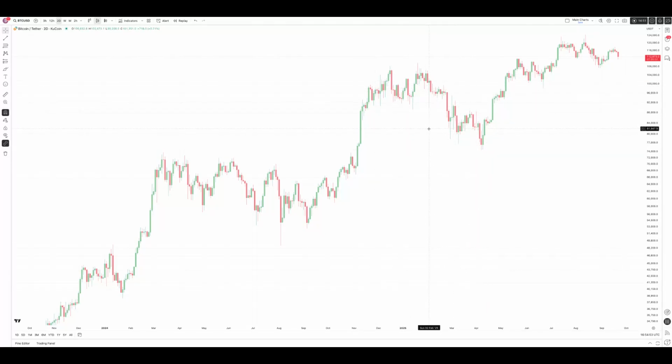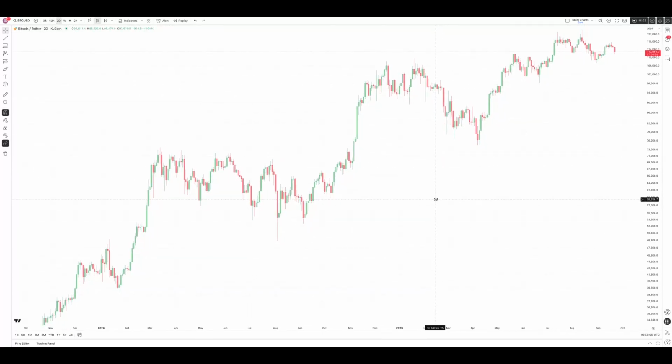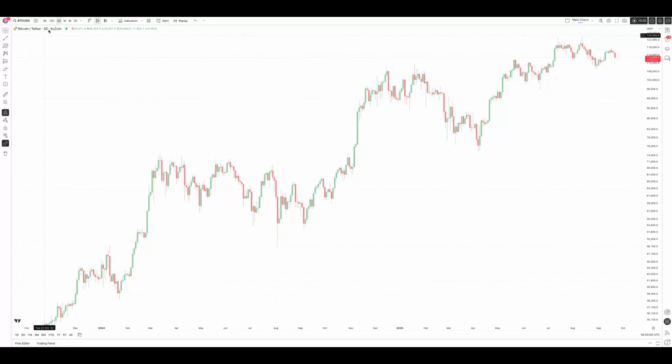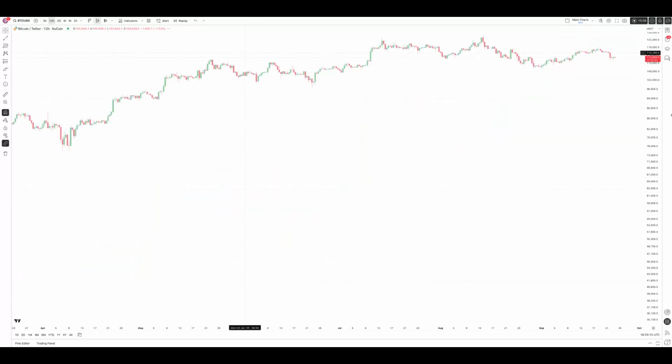So that's what the 12-hour on the left and the 2-day on the right would do. It would give you a different angle to look at things, right? If I want, I could be standing in the crowd on the 1-day, but it doesn't give me any edge. Okay, so then you have the 12-hour.